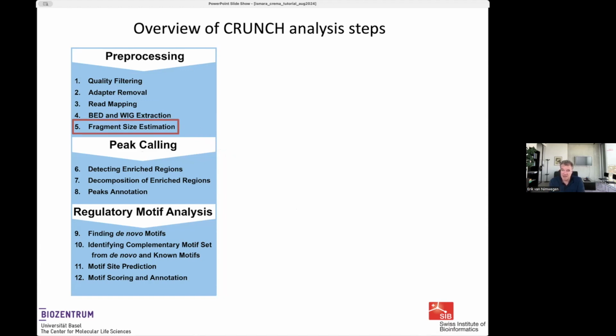Then typically, in all these ChIP-Seq data, or also ATAC-Seq or DNase-Seq, you basically sequence only one end of a fragment that was in your solution. And if you have paired end sequencing, where you've sequenced both ends of the fragment, of course, you know exactly where the fragment starts and ends.